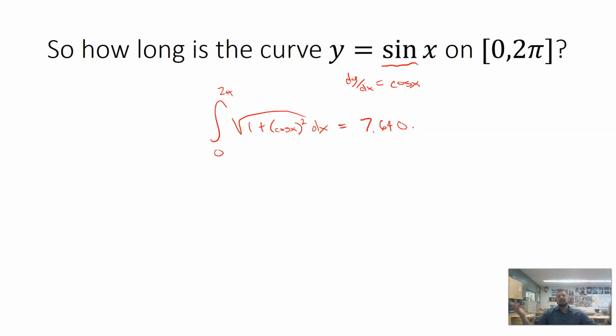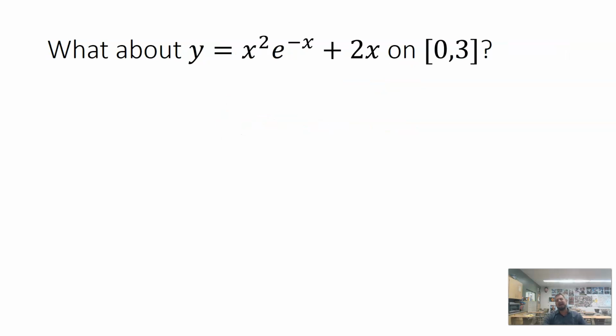And again, where it came from is kind of difficult, but the way that we do these problems is actually pretty easy. So like on this one, this is a little bit more complicated because I do need to do the integral from 0 to 3 of the square root of 1 plus, and then I just have to put the derivative of all of this in there. Now, in order to take this derivative, I am going to have to use the product rule for x squared times e to the negative x.